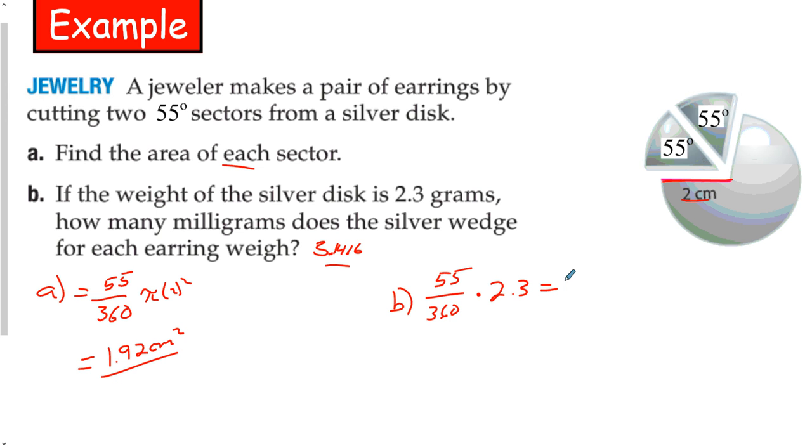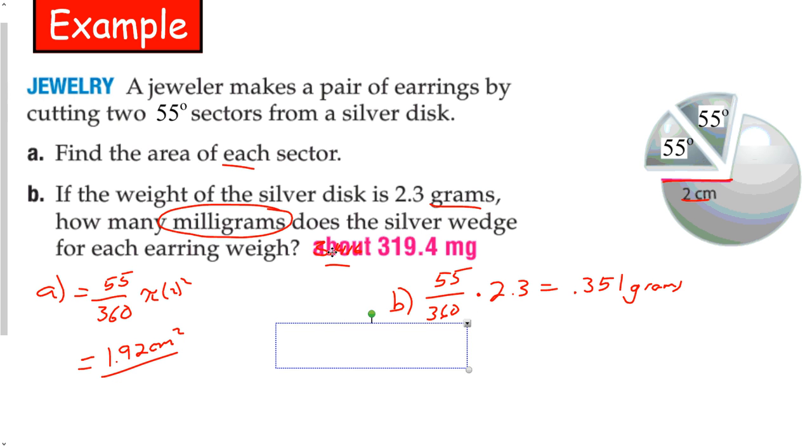Means that it will weigh 0.351 grams, because this was in grams. The question, though, was for milligrams. Well, there's going to be 1,000 milligrams in a gram, making the answer about 319.4 milligrams.